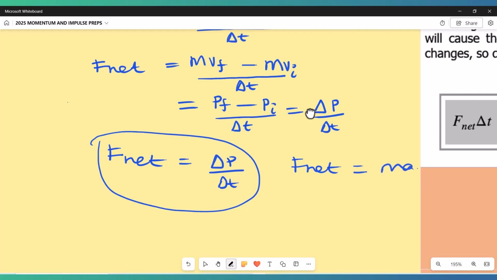Because it's the same F net, we say that the net force acting on the object is equal to the rate of change in momentum of the object. So that's how we have this formula here. That's how we get it.